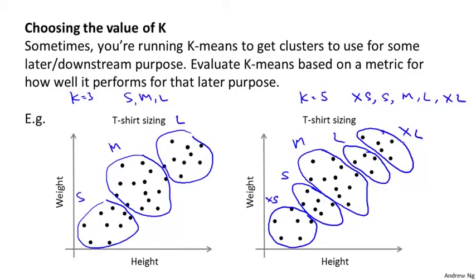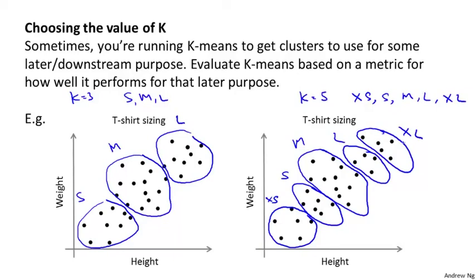And the nice thing about this example is that this maybe gives us another way to choose whether we want 3 or 4 or 5 clusters. In particular, what you can do is think about this from the perspective of the t-shirt business and ask, well, if I have 5 segments, then how well will my t-shirts fit my customers? How many t-shirts can I sell? How happy will my customers be?